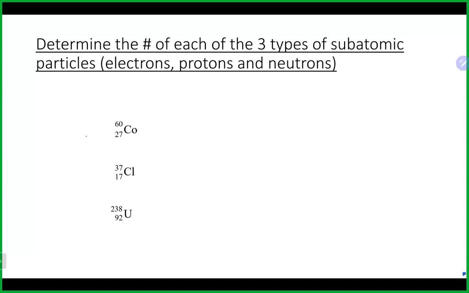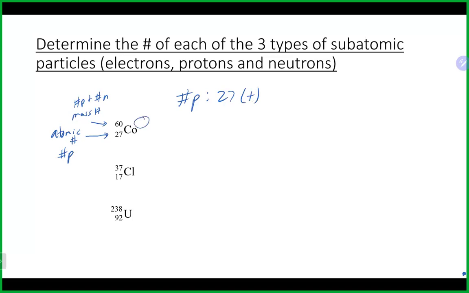That again should be our bottom number here, which is our atomic number. And once again, our top number would be our mass number, which is the number of protons plus the number of neutrons, while our atomic number is the number of protons. So we know here it definitely has, in terms of protons, 27 positive guys.